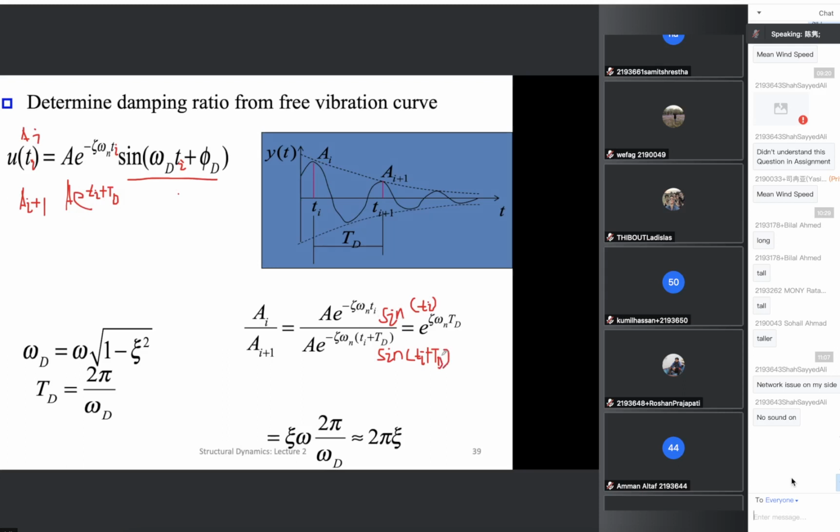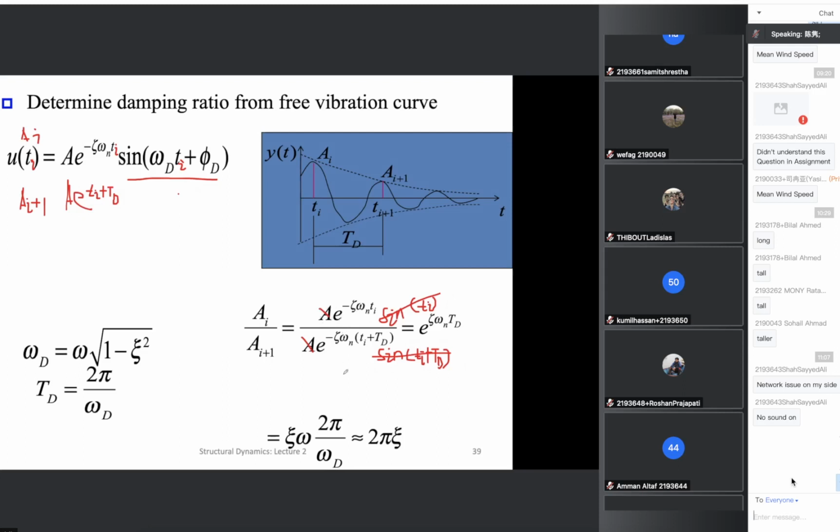These two are the same because after a cycle, the value of the sine wave is the same. So you can cancel this, which leaves only A e to the minus zeta omega t_i and A e to the minus zeta omega (t_i plus T_d). And you can cancel A because they have the same starting amplitude.